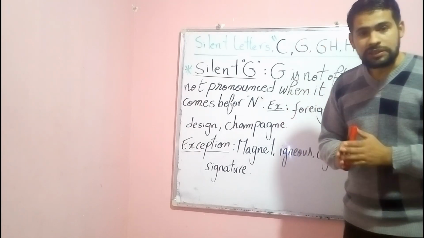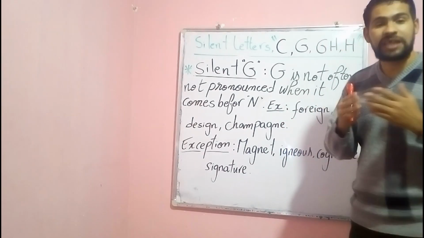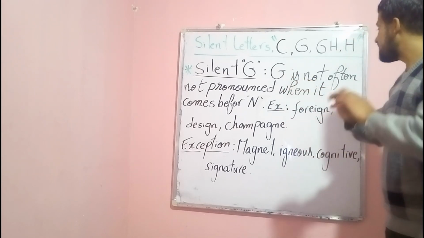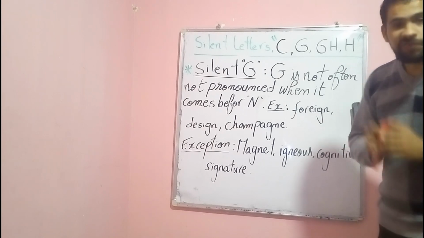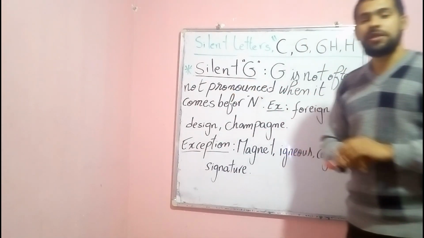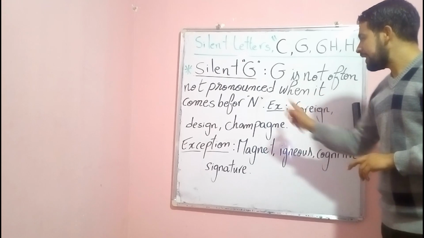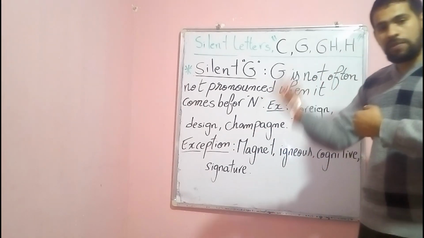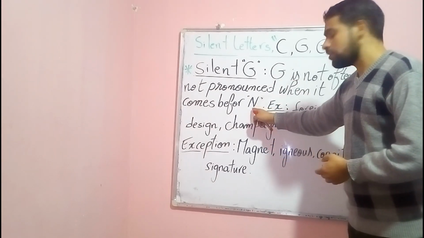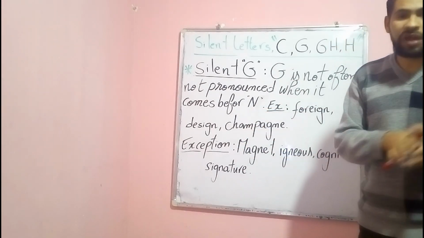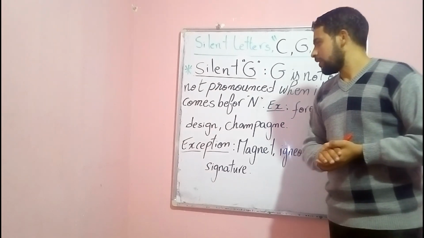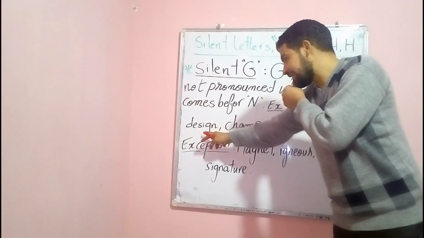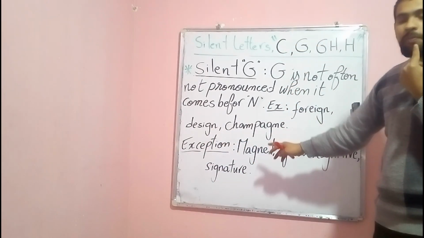The rule says that G is often not pronounced when it comes before, not after, before what? Before the N sound or N letter. Examples: here we have foreign, here we have design, and here we have champagne.